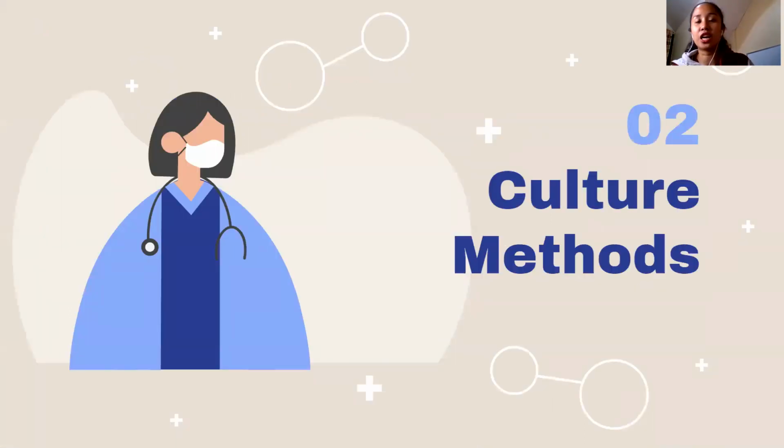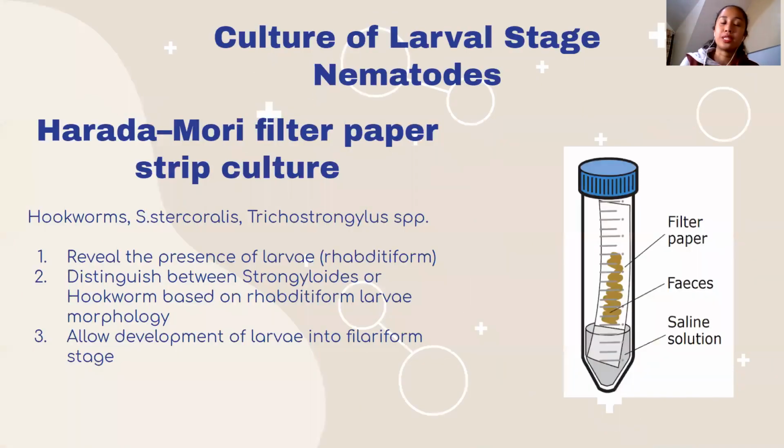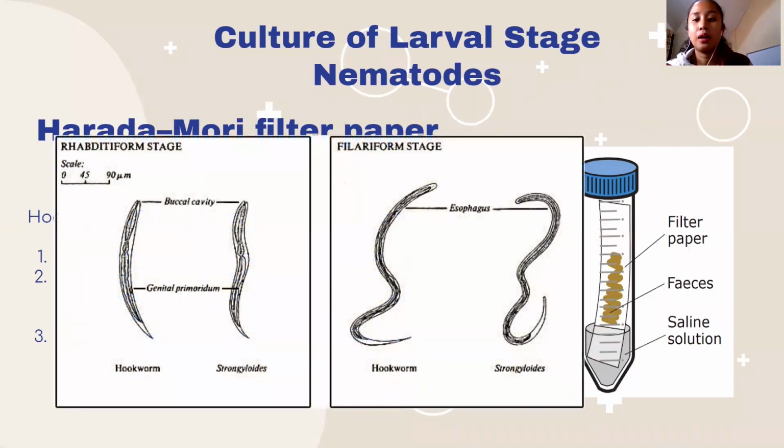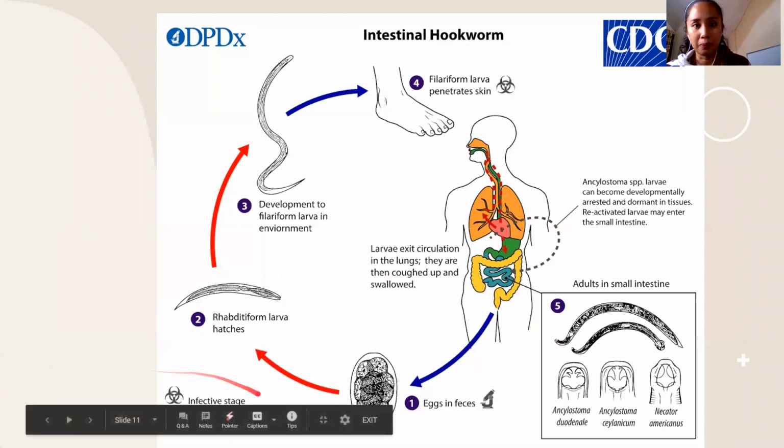So next class are your culture methods. Yan. So class, yes, we culture the larva. Yan, here. So I have two. Yan, kung kinukulture natin yung larva. Wait nga. Let's show first the life cycle of hookworm. So class, our next topic will be nematodes.